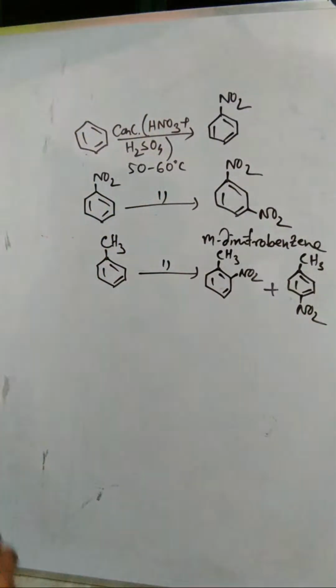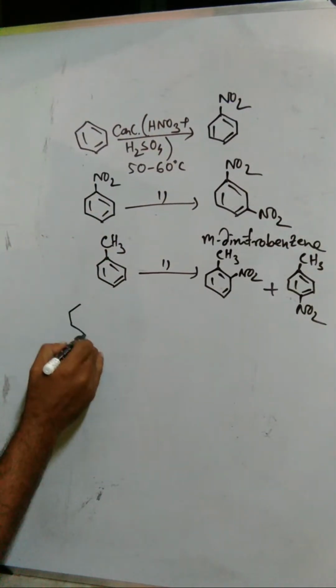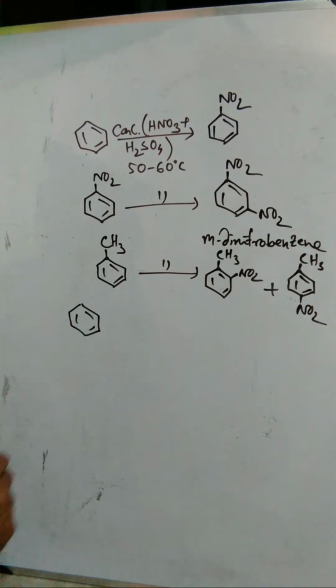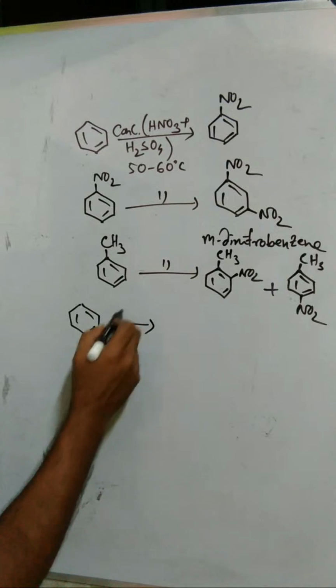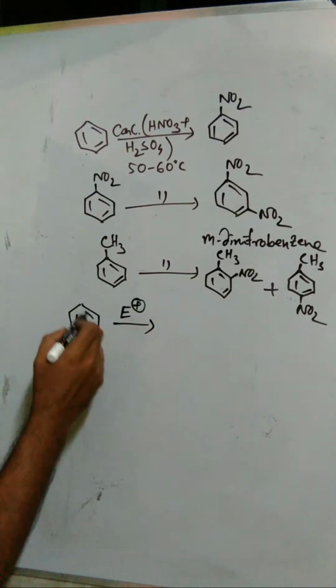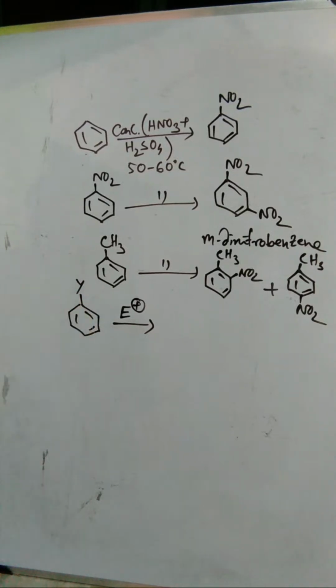Let's do some electrophilic substitution of benzene with the electrophile E plus. Now here the substituent Y is already present in the benzene ring.